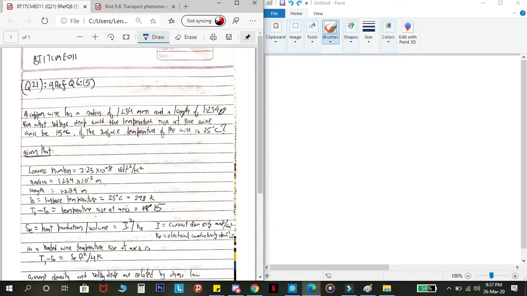The length of the wire, which is 1.234 meters, which is already in SI. The surface temperature of the wire, which is 25 degrees Celsius, which is written as 298 Kelvin in standard units, and the temperature rise at the axis, which is 15 degrees Celsius. So if you calculate the temperature at the axis, it would be another 15 degrees on top of this 298, which would be 313 Kelvin.